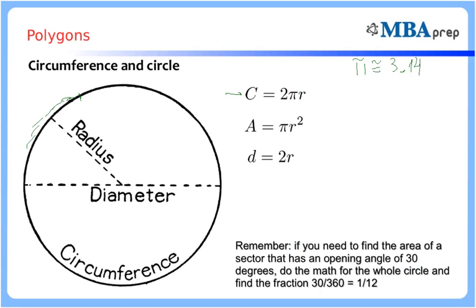And if you want to calculate a fraction of the circumference, just calculate the total circumference and do the fraction. It works as well for areas.